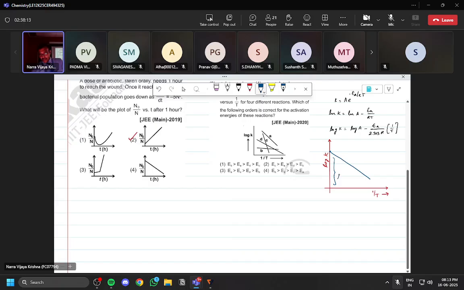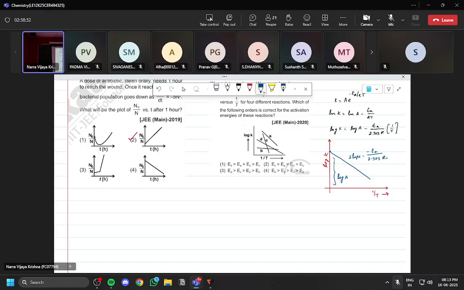This is log A and slope equals minus Ea upon 2.303 R. Correct? If Ea value is high, slope will be more negative.